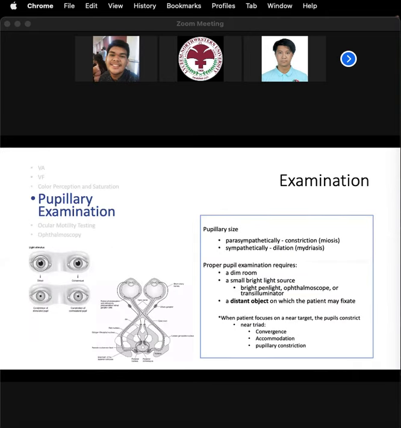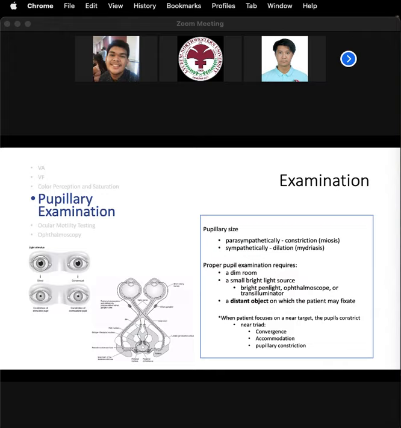So now, pupillary examination. This is one of the more important things you do for the neuro-ophthalmology examination: testing the pupils. Pupillary size relates to varying interactions between the parasympathetic and the sympathetic pathways.